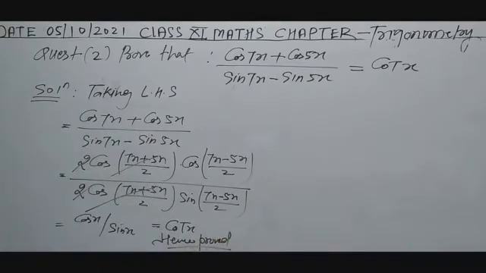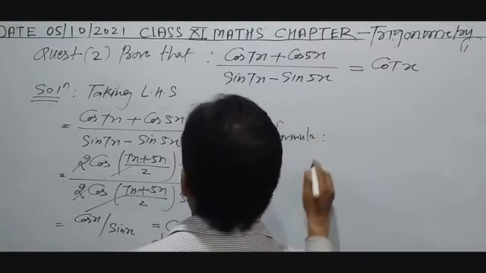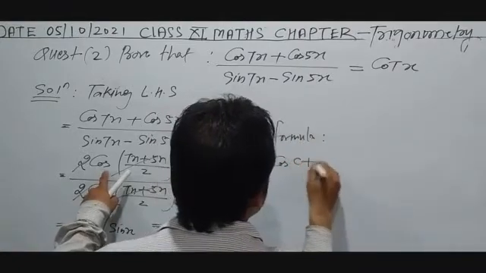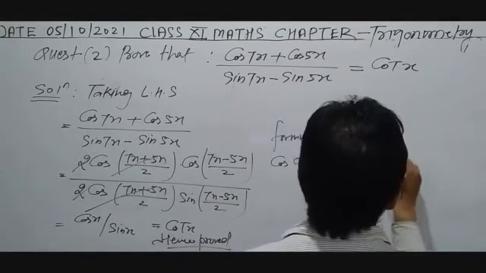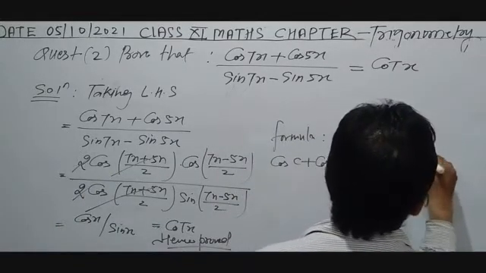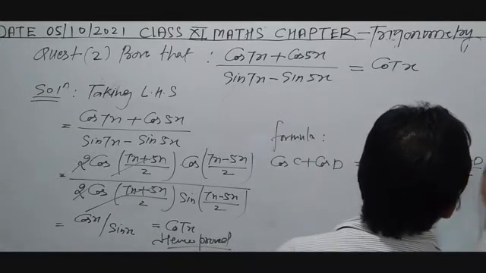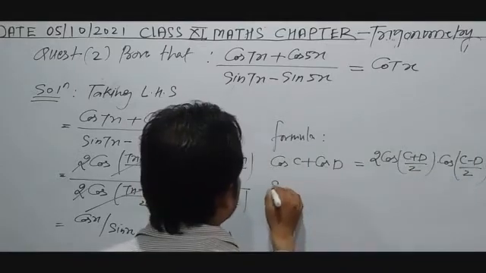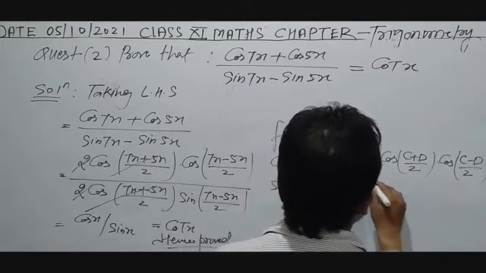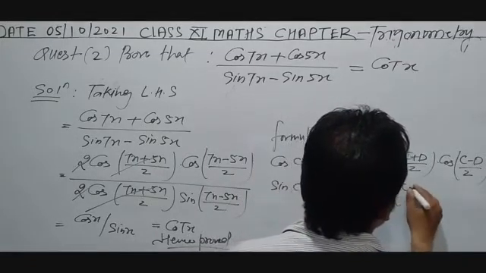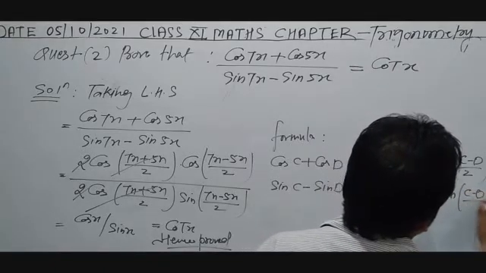Here is the formula used. The formula: cos c plus cos d result is 2 times cos of (c plus d) by 2 into cos of (c minus d) by 2, and sin c minus sin d result is 2 times cos of (c plus d) by 2 into sin of (c minus d) by 2.